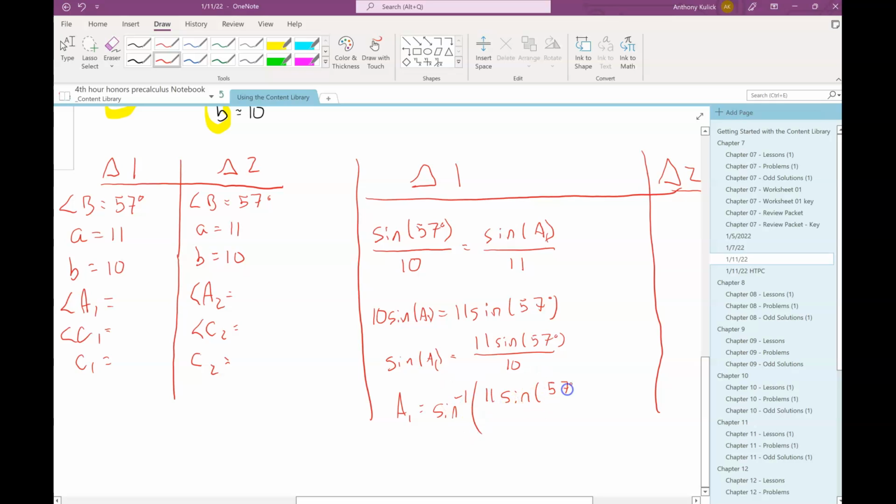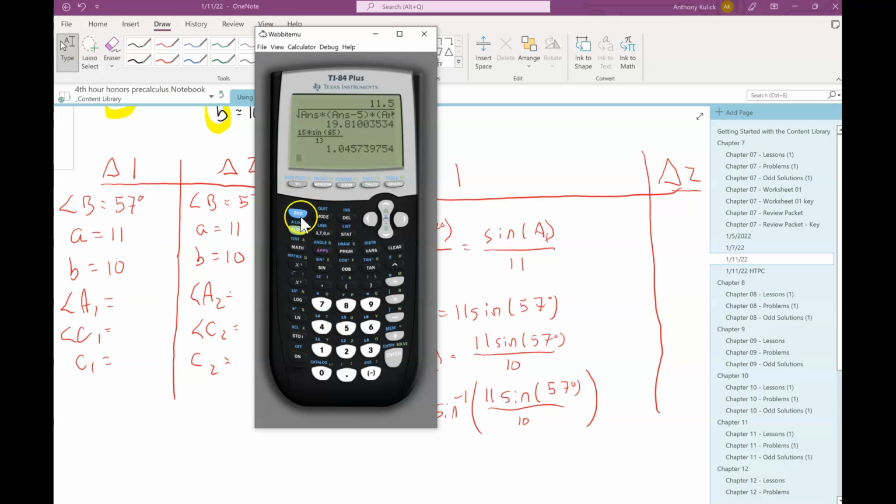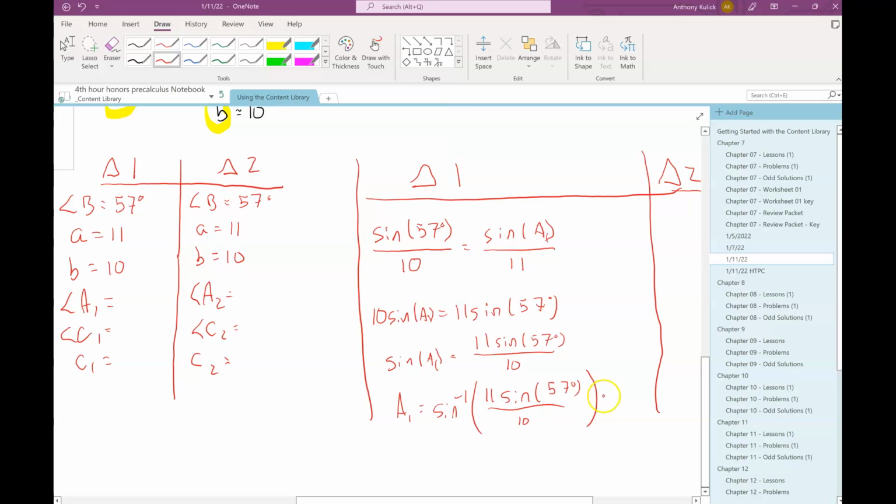So I'm going to go to my calculator now. So sine inverse of 11 sine 57 over 10. Again, what mode am I in? Degrees. How do I know? Because I'm working in degrees. So that was 67.30.